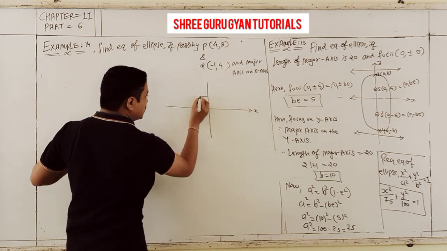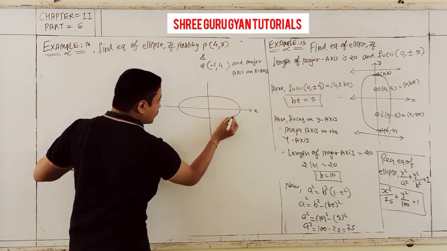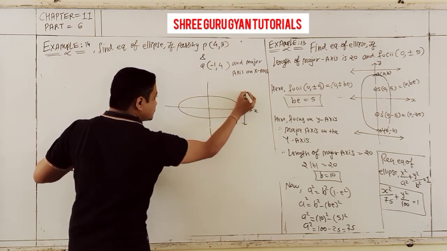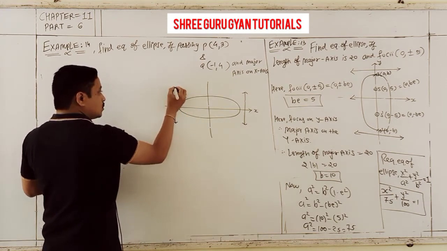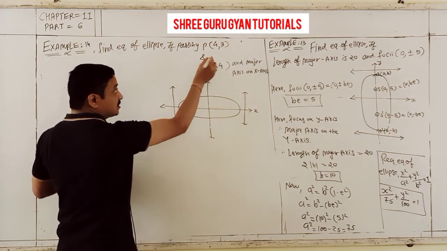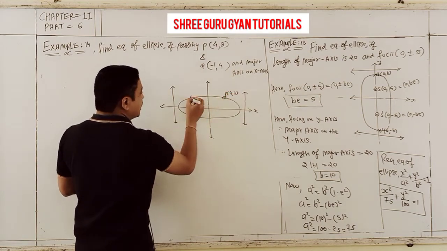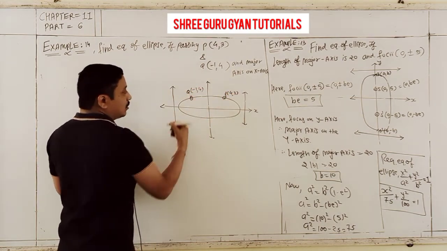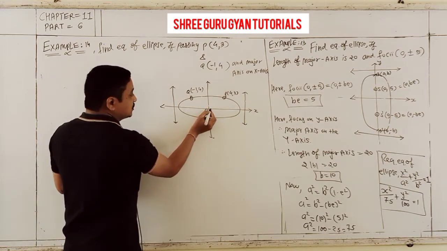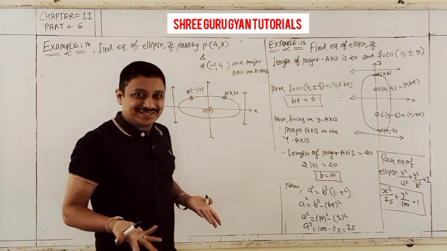That's the major axis along the x-axis drawing. Here is your directrix, and the two points are given on it, (4, 3) approximately in the first quadrant and the second point in the second quadrant, and here is your center (0, 0). Very easy, students.